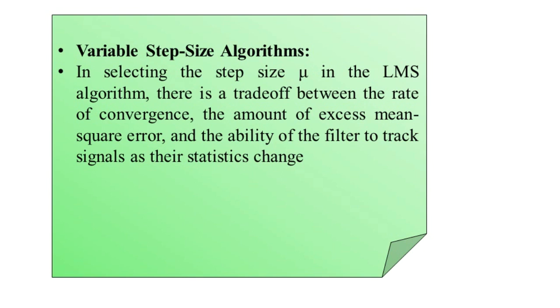Then, as the filter begins to converge in the mean to the steady state solution, the step size should be decreased in order to reduce the excess mean square error. So from this, one observation can be made that the possibility of using a variable step size in the LMS adaptive filter is there, and that is what we are going to focus on. That is why the third type of the LMS based adaptive filters is the variable step size algorithm.